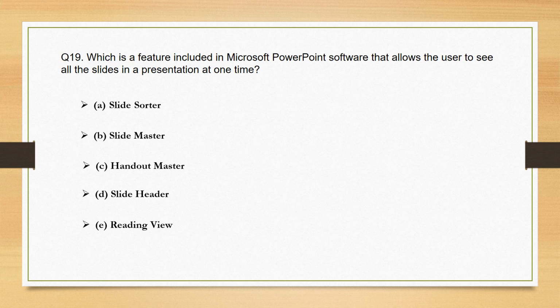Out of these options, slide sorter is the option where you will be able to view all the slides at one time. So this is the correct answer. The others are options in PowerPoint to get different views, like reading view, and handout master is a way to get the handout view of the PowerPoint presentation.